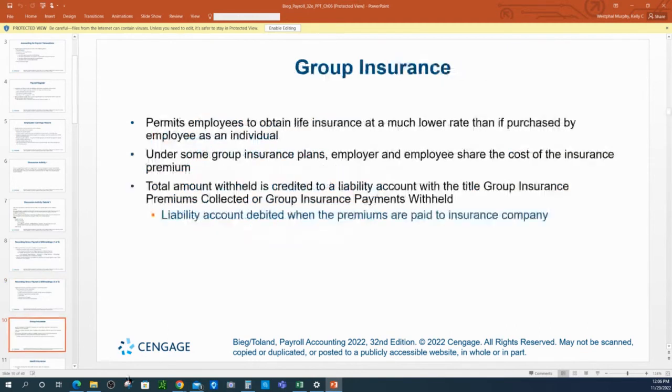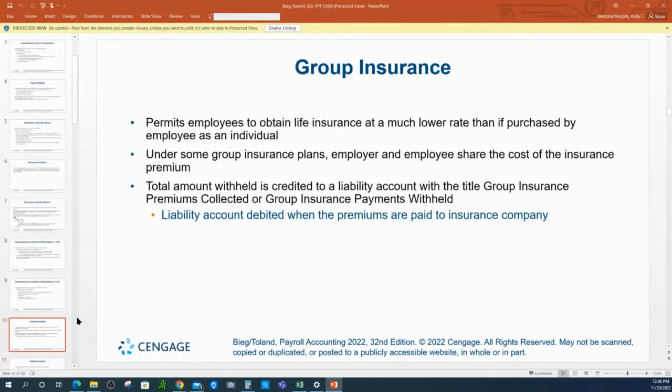These are all amounts that the employee makes. So we're going to talk a little bit about each of these groupings, or each of these categories of withholding, different types of benefits, just to get an overview of them.